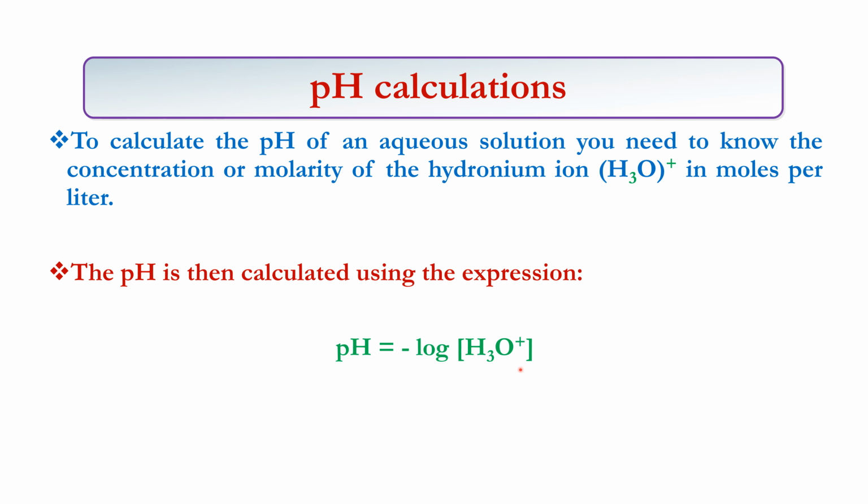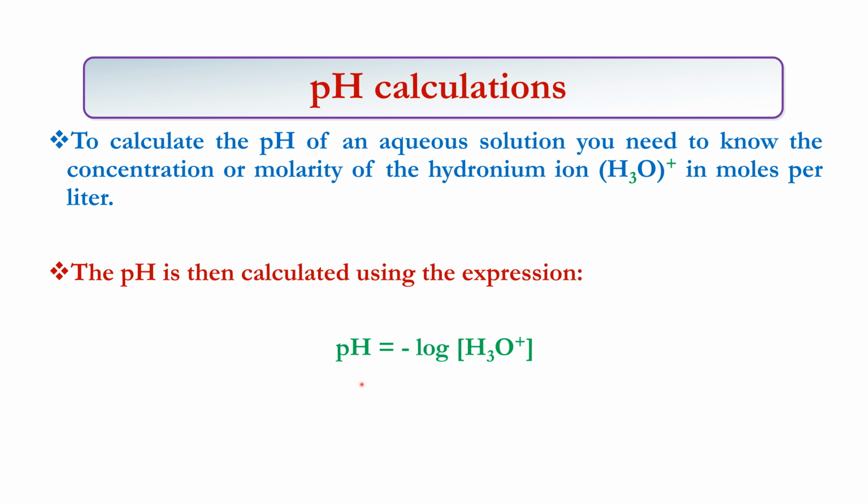So for you to calculate pH, you must know the hydronium ion concentration in moles per liter. And we know already that pH is a measure of the acidity or alkalinity of a solution.